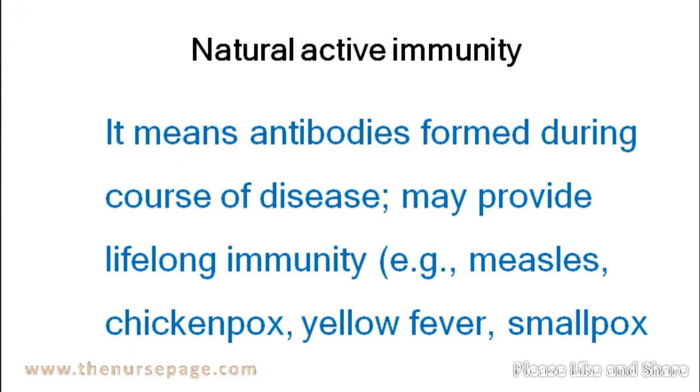That is a normal thing. Examples of natural active immunity: in case of measles, chickenpox, yellow fever, smallpox, it will give lifelong immunity, because the body itself produces antibodies against these organisms, viruses.